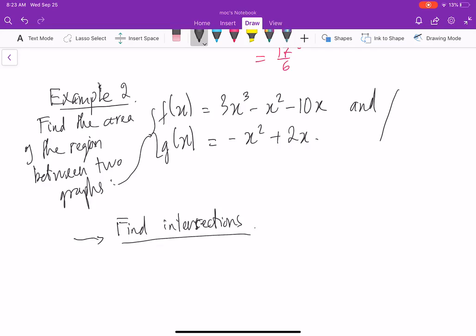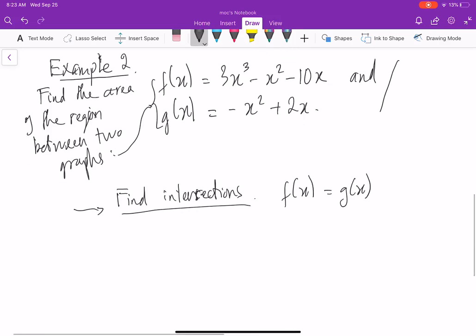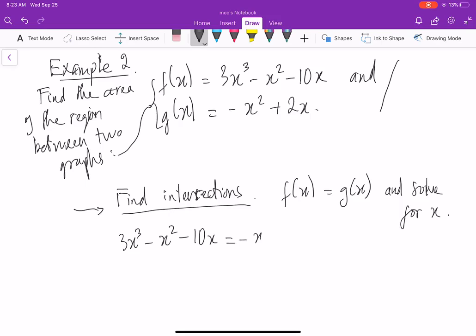In order to find the intersection, we need to put them equal, because when the graphs intersect each other, the function values are the same. So we put them equal and solve for x, right? Let's put them equal. We have 3x cubed minus x squared minus 10x equal to negative x squared plus 2x.